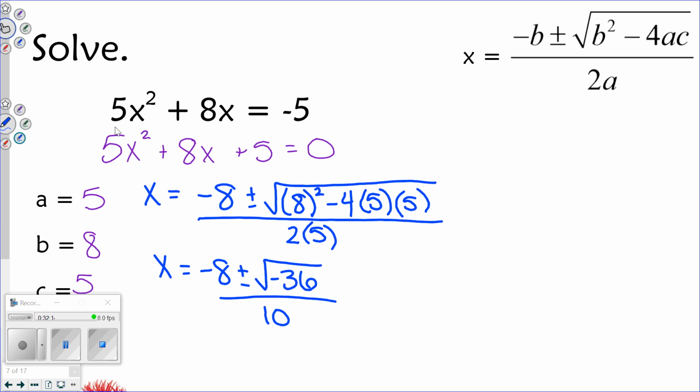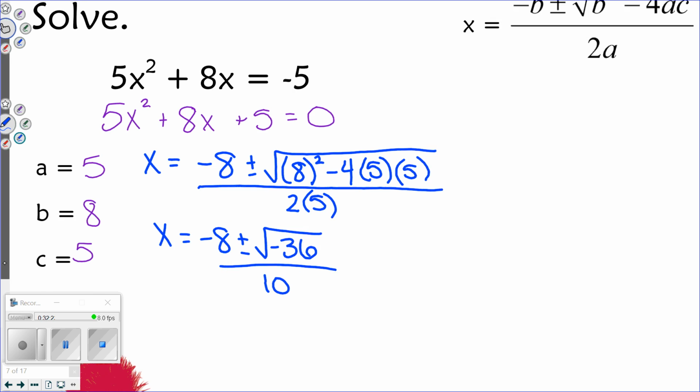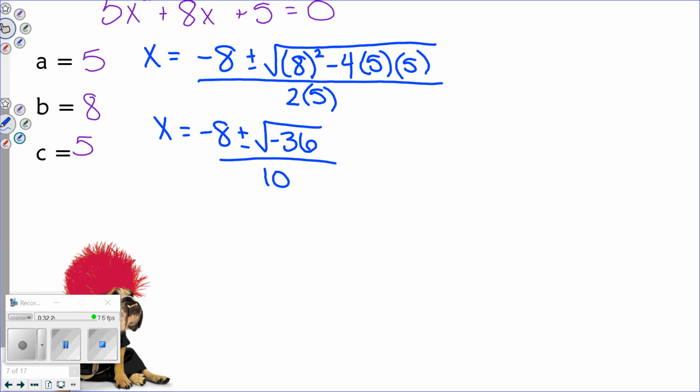Sam, I think you had a positive 36 there when I looked at yours, didn't you? Although now you know what to do if that situation arises. All right, so now after you clean up under the radical, let's do our factor tree or clean this up. So x equals negative 8 plus or minus, what does this become?